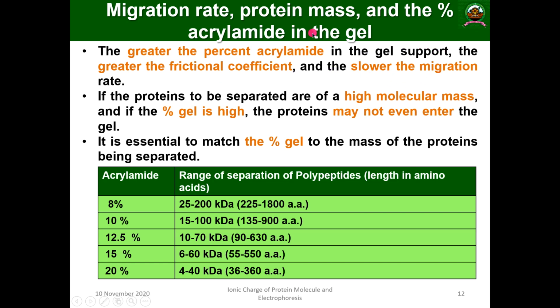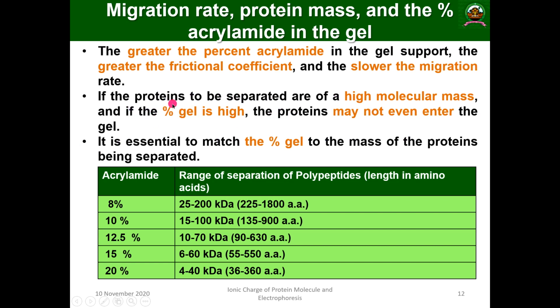If the percentage of acrylamide is very high, then what will happen? The frictional coefficient will be high, and only small molecules can migrate. If the proteins to be separated are of high molecular mass, and if the percentage of gel is high, the protein may not even enter the gel.